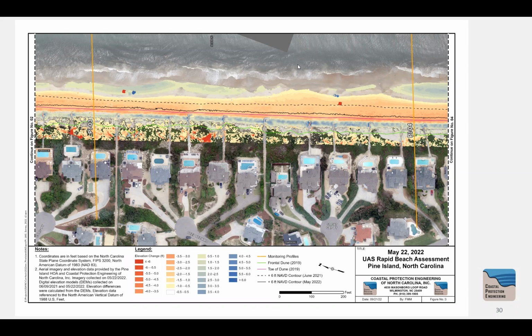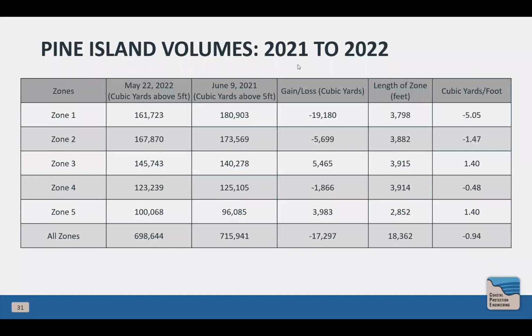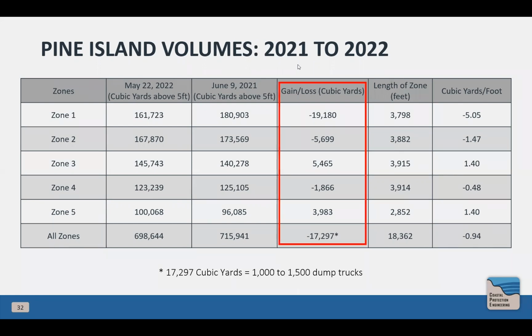What that looks like in terms of stats, this is a comparison between 2022 and 2021. The big thing to note is that overall, they lost around 17,000 cubic yards of material. In our industry, we use cubic yards as the main unit, but most people don't know what that looks like.